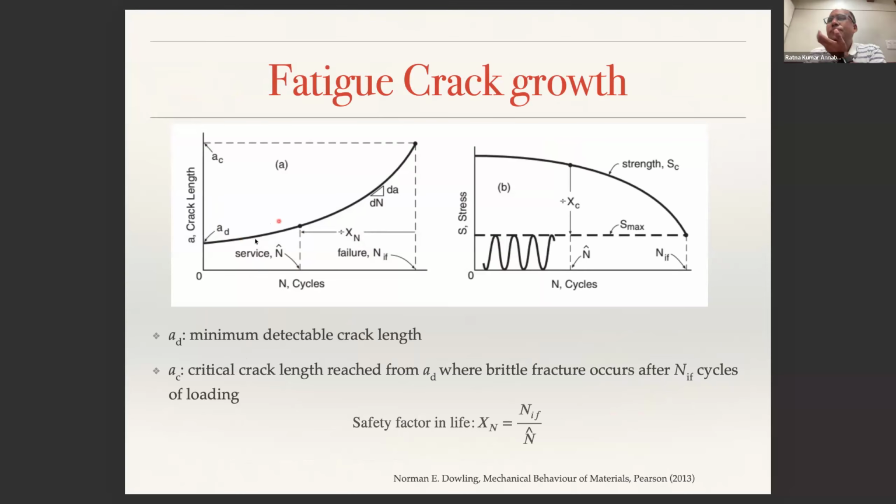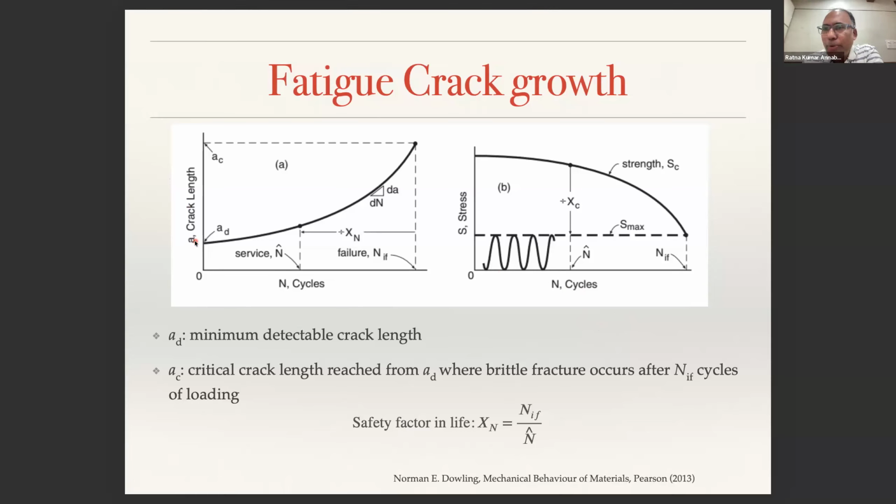Here, what I am plotting is the crack length as a function of number of cycles. On the right hand side, the stress or strength as a function of number of cycles, that means allowable stress as a function of number of cycles. Now, let us say you have a component. We know that there is no component without any crack.